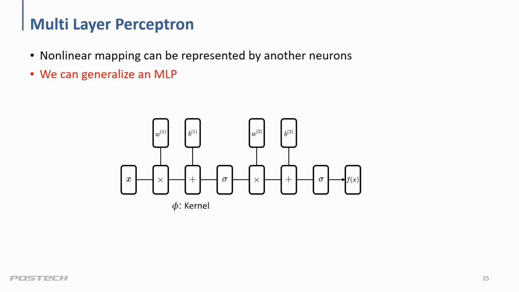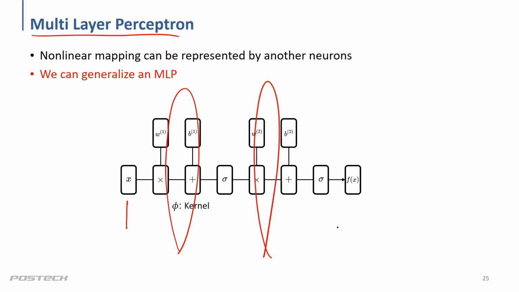Now what we did is, this one is a multi-layer perceptron. Now you have inputs, the first layer, the second layer, and the outputs. So we can generalize the multi-layer perceptron, and in these parts you can think of kernels, and from here you can think of it as a linear classifier.